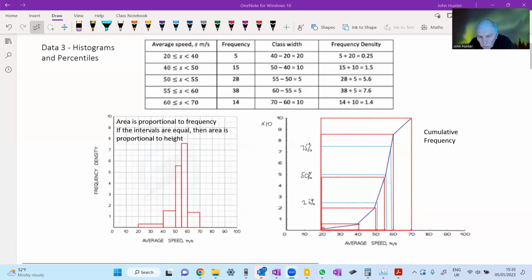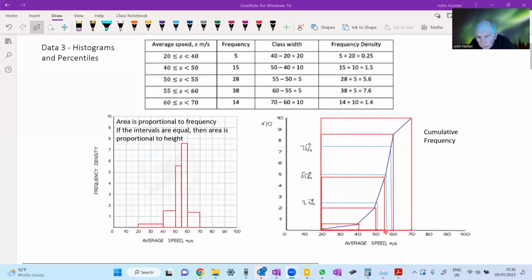So as we go up, we've basically got more and more of it in there. Well, this is the 50th percentile here. So at this point here, what would it be?